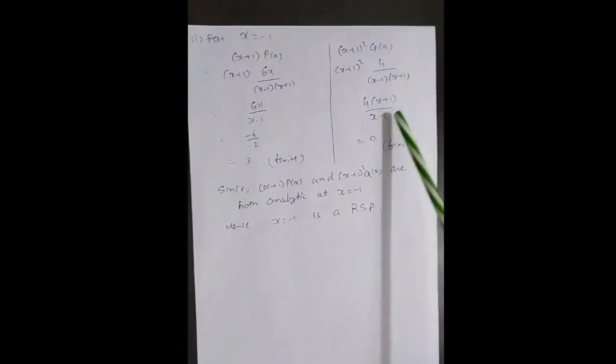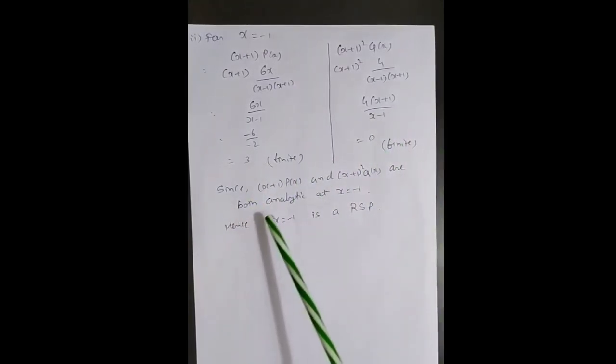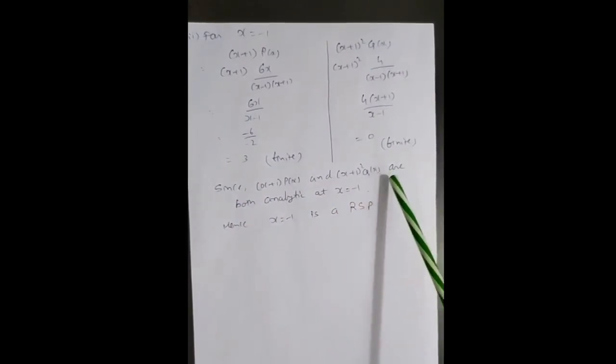Similarly, for (x + 1)²q(x), put q(x) = 4 upon (x − 1)(x + 1); x + 1 cancels out, and the remaining term is 4(x + 1) upon x − 1. Put x = −1, then we get 0, which is finite. Since (x + 1)p(x) and (x + 1)²q(x) are both analytic at x = −1, hence x = −1 is a RSP.